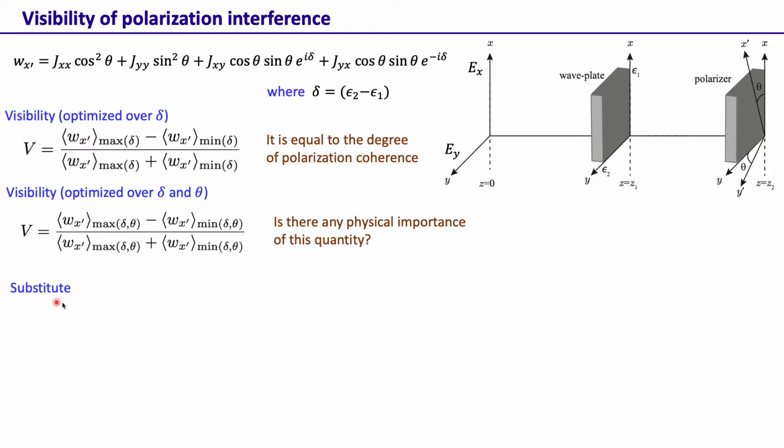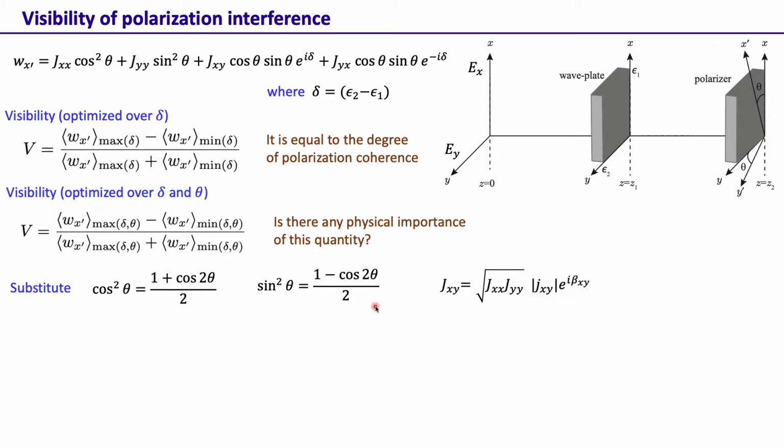Okay, so in order to do that, let's substitute these relations: for cosine square theta we put 1 plus cosine 2 theta by 2, for sine square theta we put 1 minus cosine 2 theta by 2, and for jxy we write square root of jxx jyy, the mod of jxy and e to the i beta xy. Let's substitute these quantities in here.